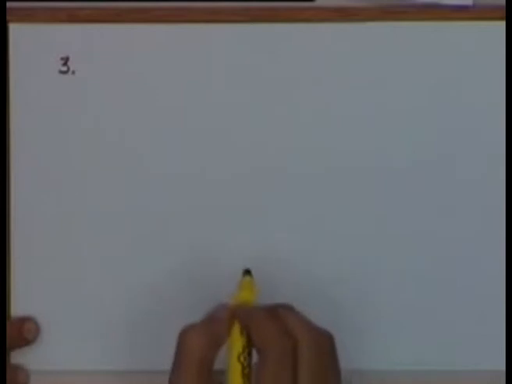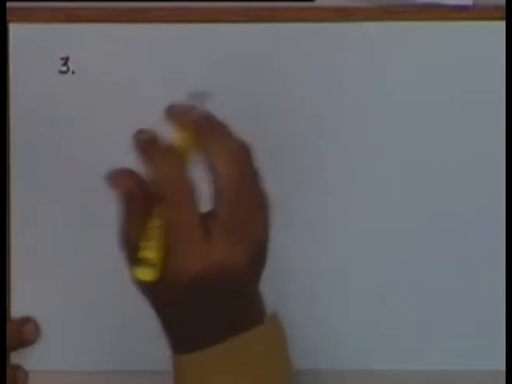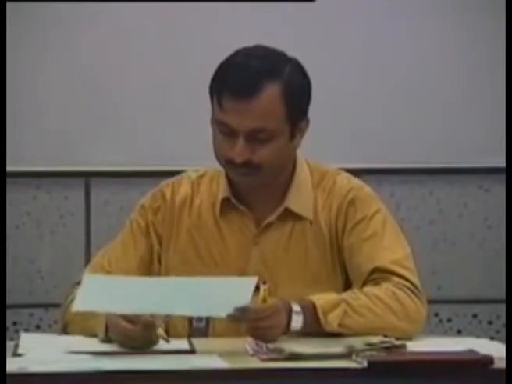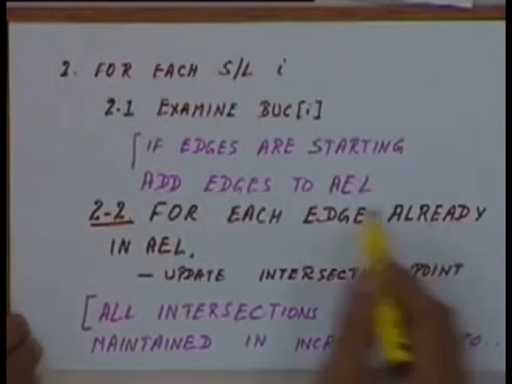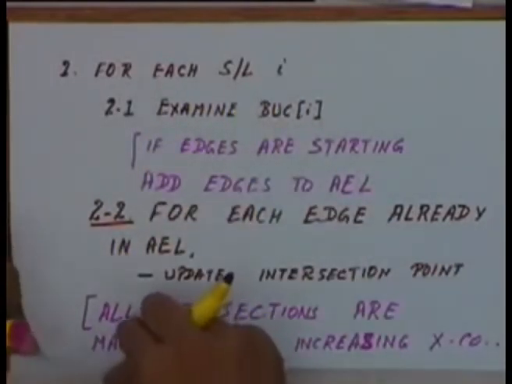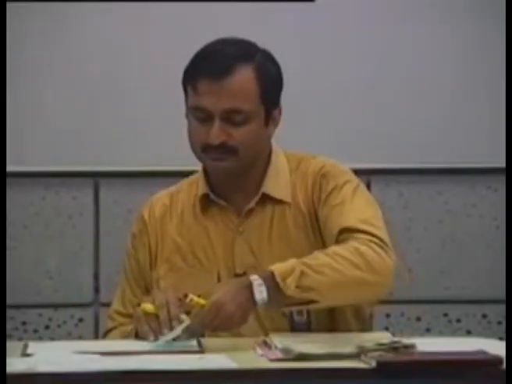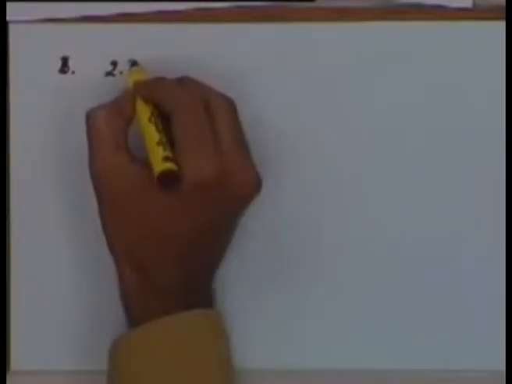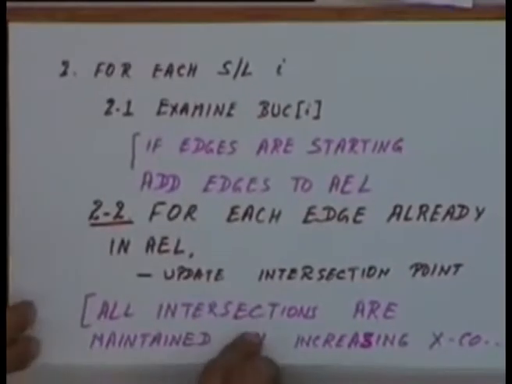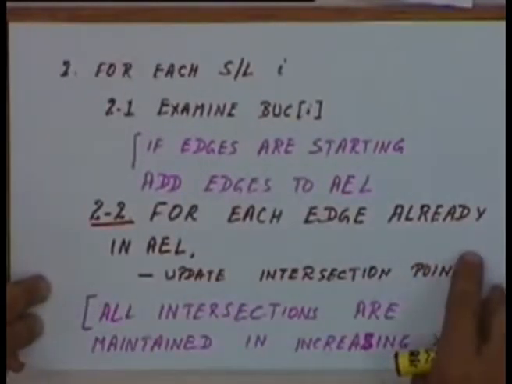Then the third step of the algorithm, or sorry, not the third step. For each scan line, we've done this. So 2, 3, the third part of the second step itself. At this stage, we know the set of intersections on a particular scan line.